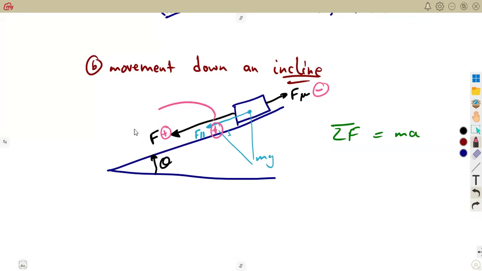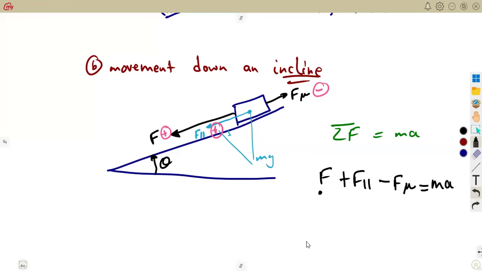So our applied force plus the parallel component this time must be equal to what? We have to subtract the frictional force, it is opposing. Remember, what is opposing has to be removed. So this is equal to MA. That is what you're going to have.